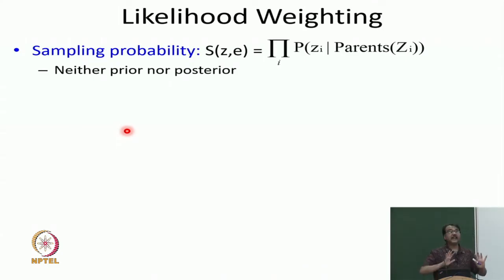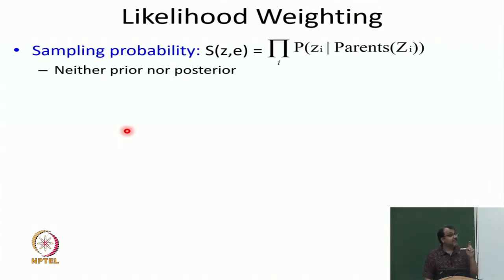So, this is, by the way, neither the prior nor the posterior. In the prior we would have added the probability of evidence also, and in the posterior we would have been sampling each variable given the evidence variable. We are not doing that. We are always sampling a variable given its parents. So, it is neither the prior nor the posterior, it is somewhere in the middle.